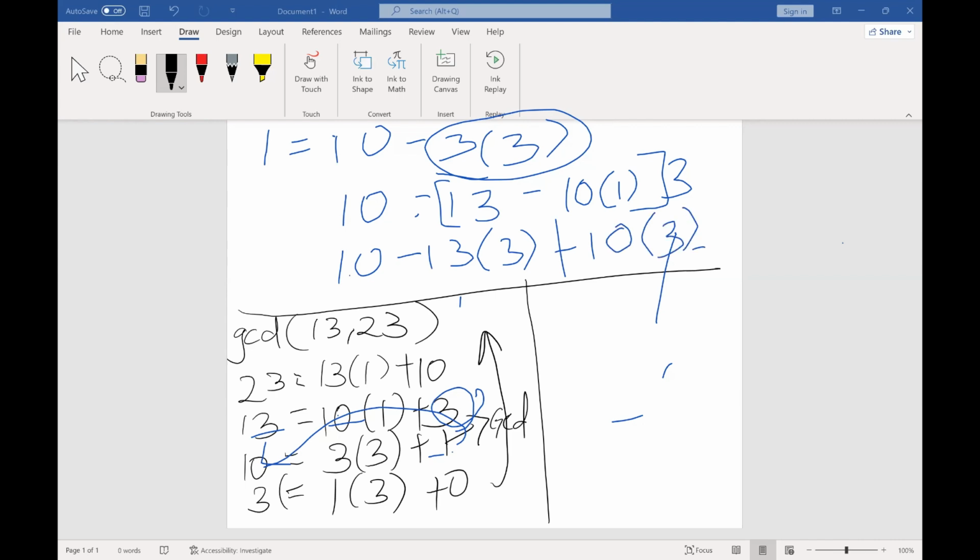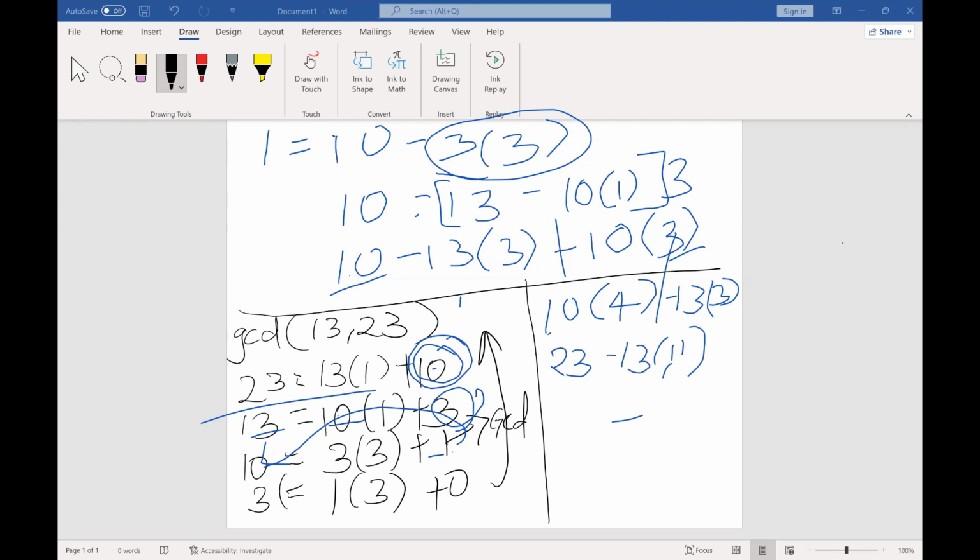Like terms, this and this, that gives us 10 times 4 minus 13 times 3. Our previous remainder was 10, so make this the subject in this case, and then write it as an expression of this. So that becomes 23 minus 13 times 4 minus 13 times 3. Right?